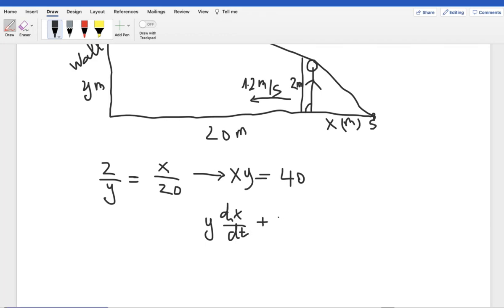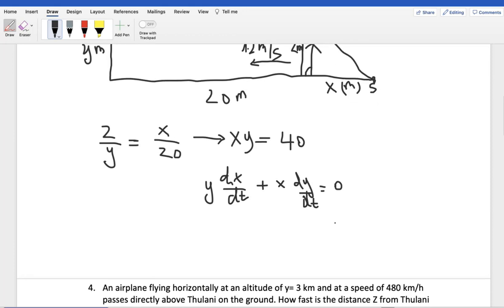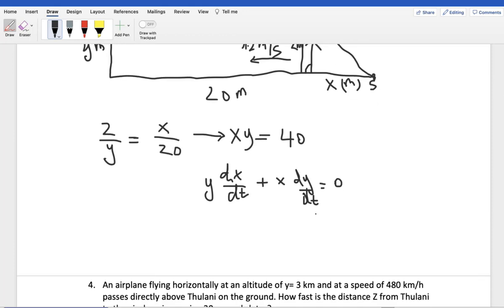And then you have x multiplied by dy dt. Sorry again for the handwriting. And on the right hand side, when you take the derivative of a constant, you have 0.